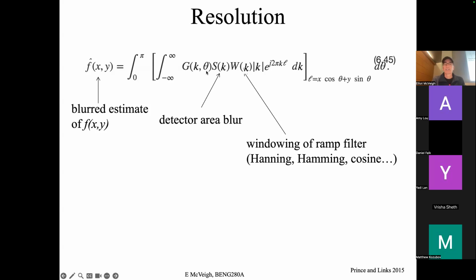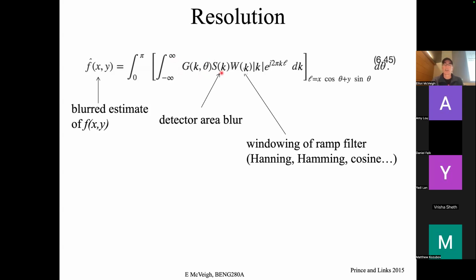Now, we know we have measured this function here because this is the Fourier transform of our g(L, theta) landing into Fourier space. So G(k, theta) is our data that we have in hand right now.